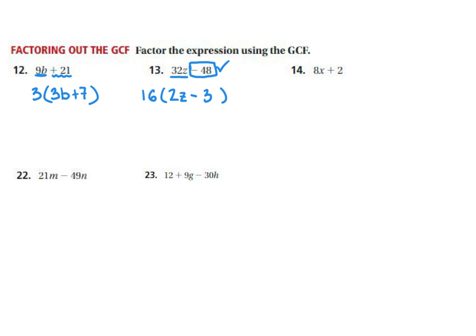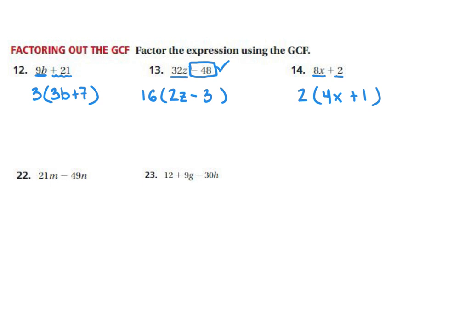Number 14, the greatest common factor that we can pull out is 2. 2 times 4 is 8. So 2 times 4x is 8x. And 2 times 1 is 2.